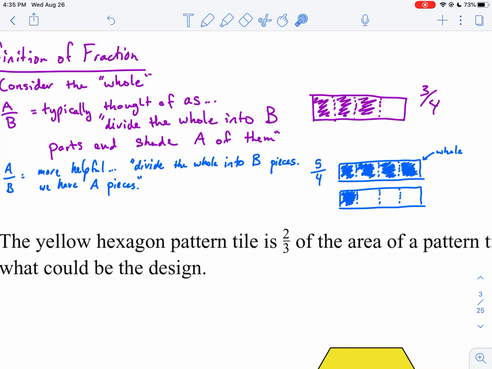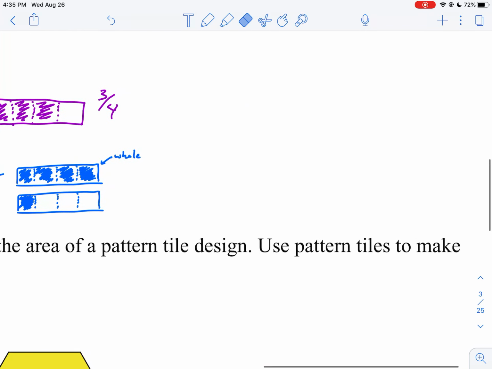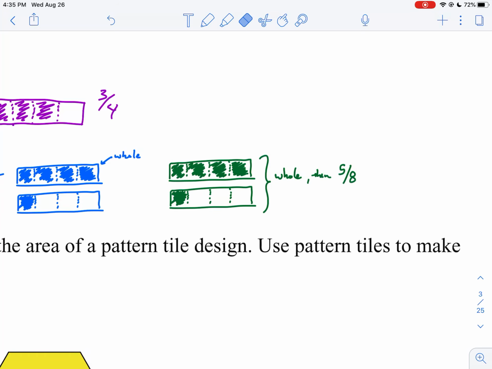In this case, the whole was a bar, but what if we made the whole actually 2 bars? So let's say I have 2 candy bars and I eat 5/8 of the candy bars that I bought. Well, now both candy bars are the whole, and so if I ate 5/8, that means I'm chopping the whole into 8 parts.